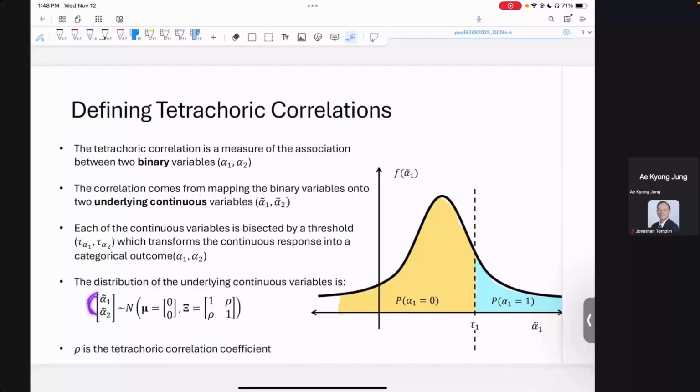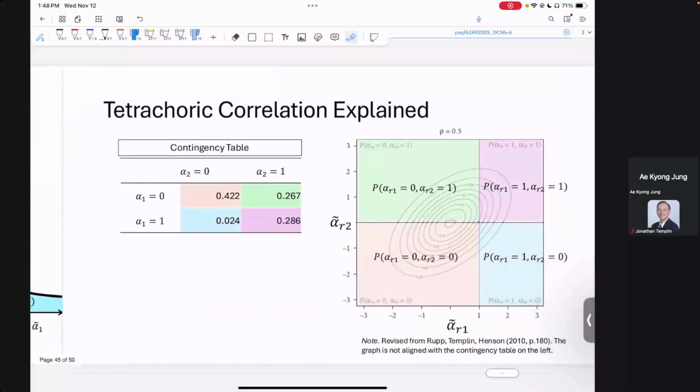And because we are assuming there is a correlation between attribute 1 and 2, we want to get the correlation between these two attributes. So after estimation, we will get tau of attribute 1, tau of attribute 2, and a correlation.